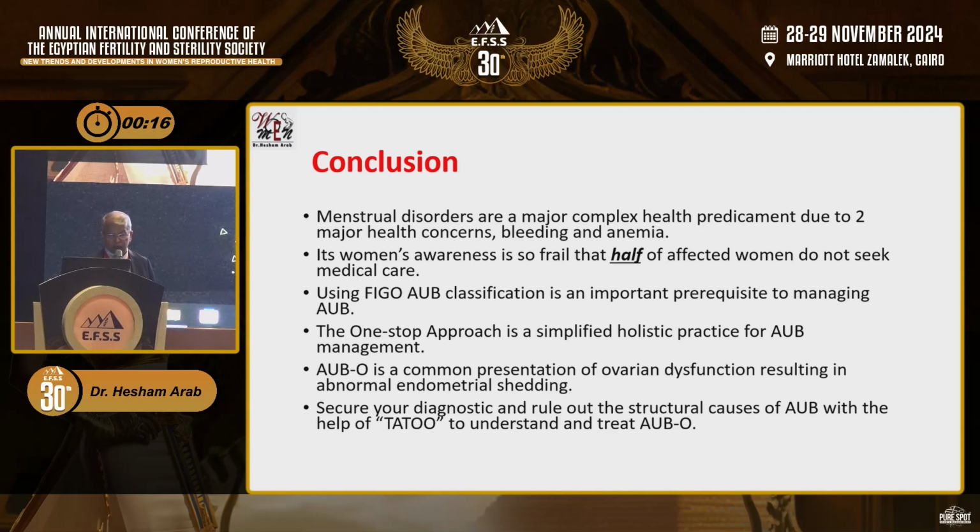AUB-O is a common presentation of ovarian dysfunction resulting in abnormal uterine endometrial shedding. Secure your diagnosis and rule out the structural causes of AUB with the help of ultrasound to understand and treat AUB-O. Thank you very much.